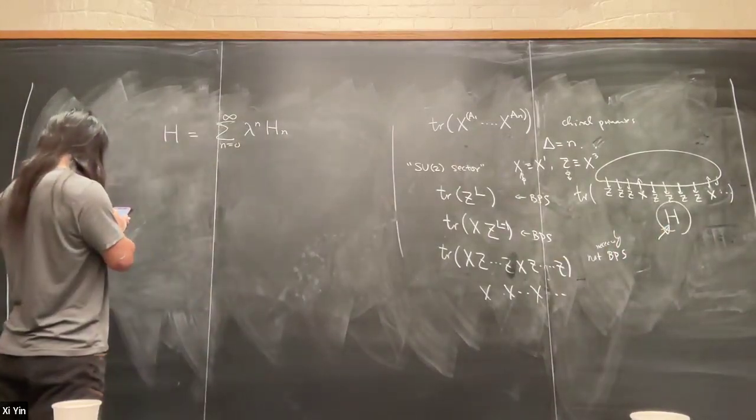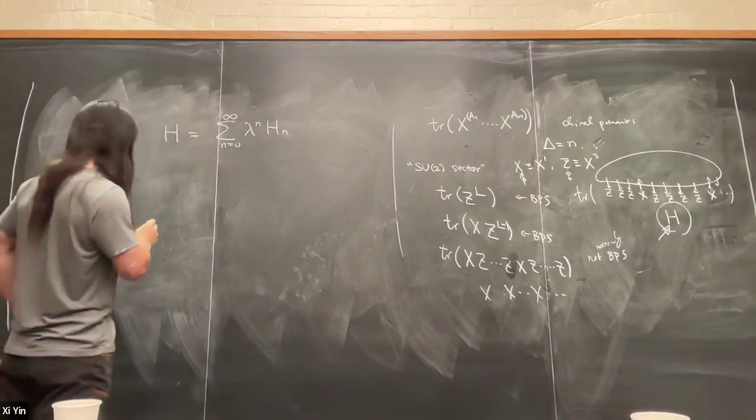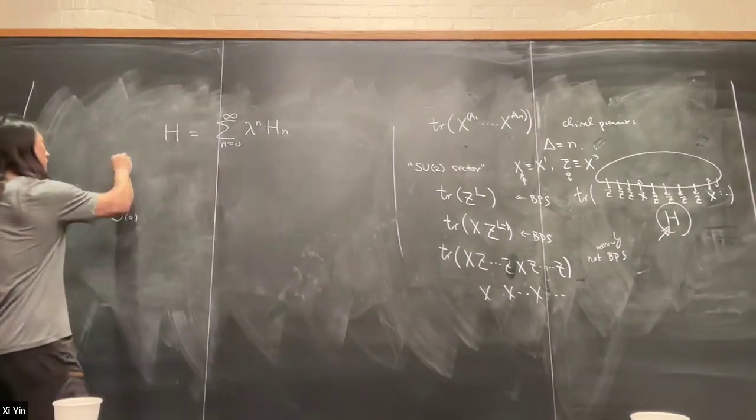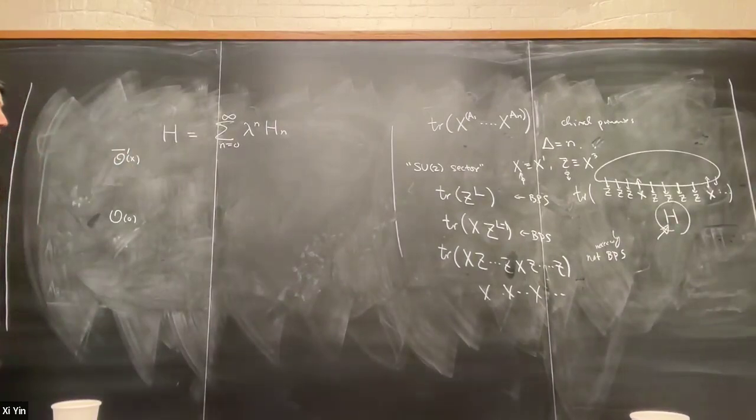Let's look at the following. Let's imagine we calculate O with O bar prime, where O and O bar are both operators of that type.